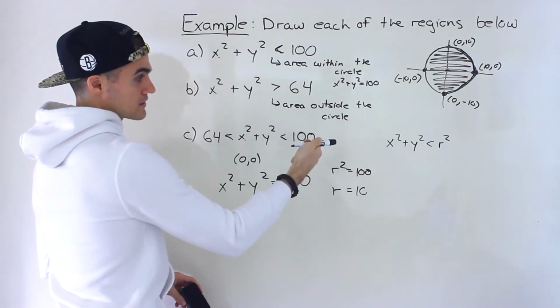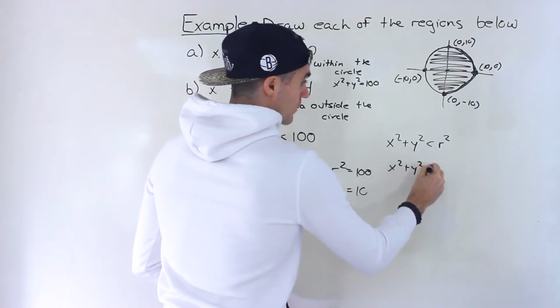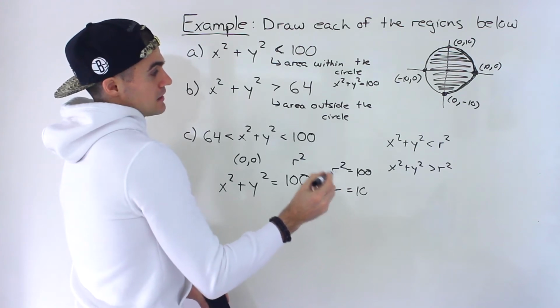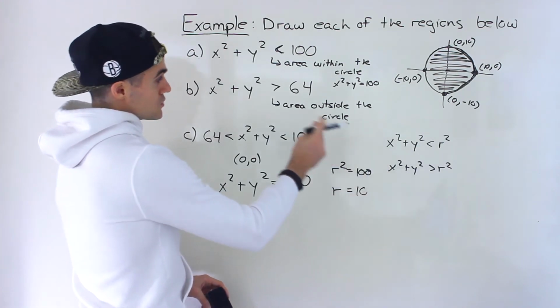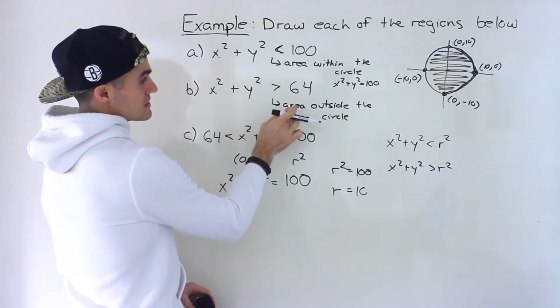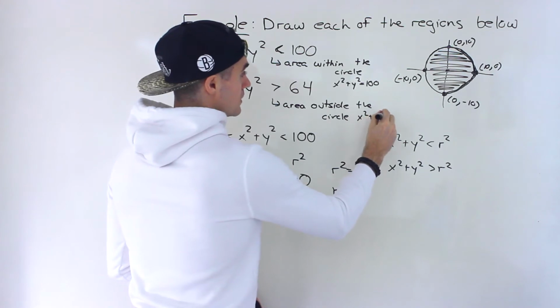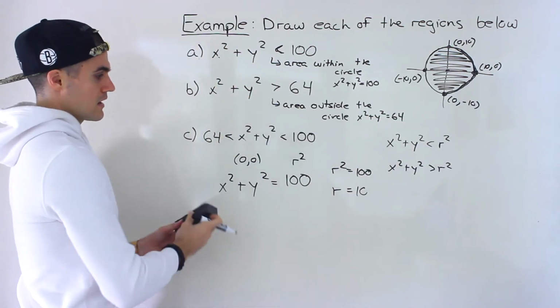In general, when you have x squared plus y squared greater than r squared, it's going to be the area outside of the circle x squared plus y squared equals r squared. So in this particular case, it's the area outside the circle x squared plus y squared is equal to 64.